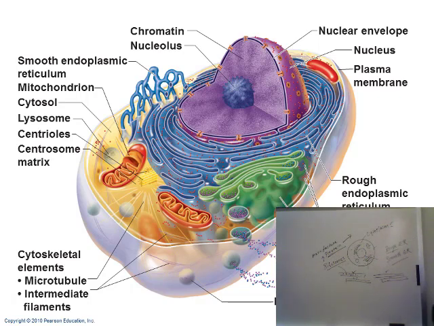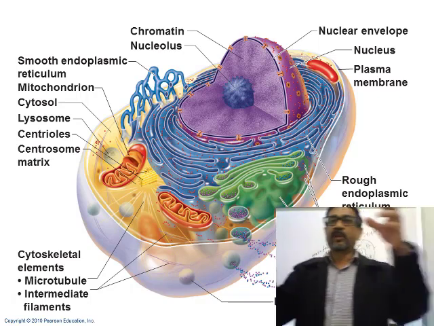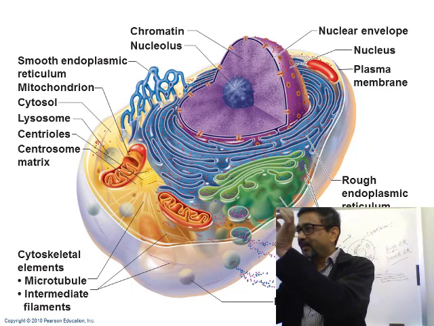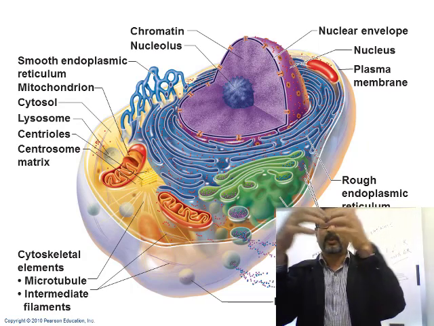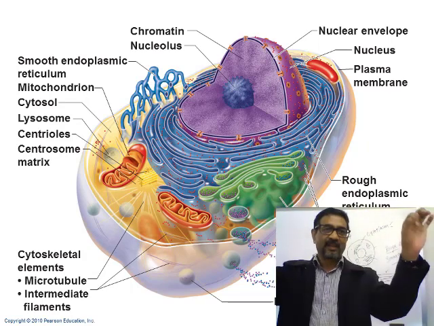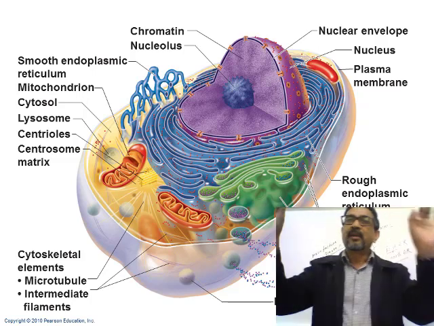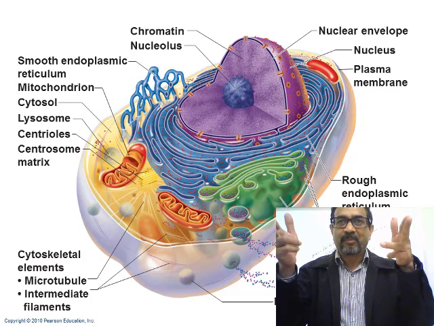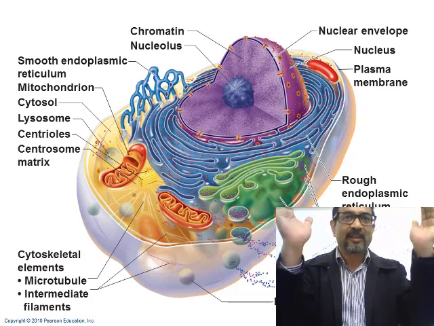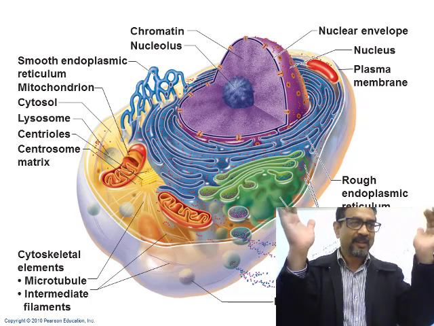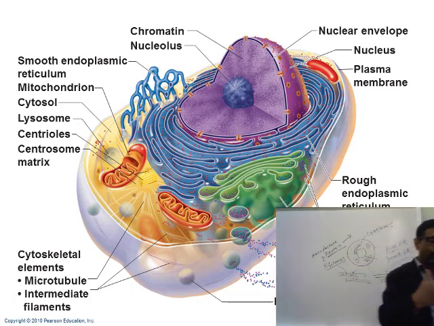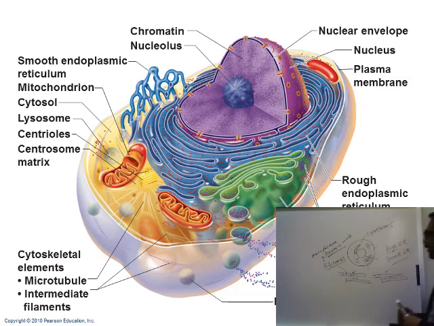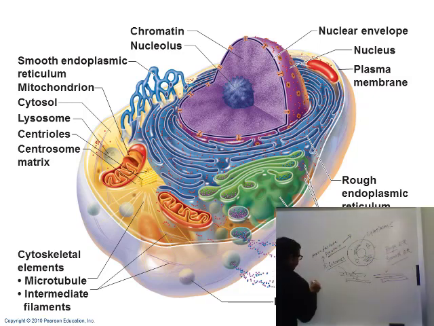What is that? You know that protein has amino acids, right? Amino acids get connected to each other to form the protein chain. So rough ER, sometimes it cuts the protein chain to make it the right size, the length. So rough ER modifies the protein by cutting and folding, those kind of things.